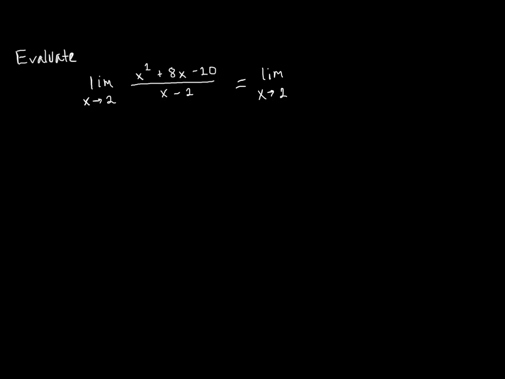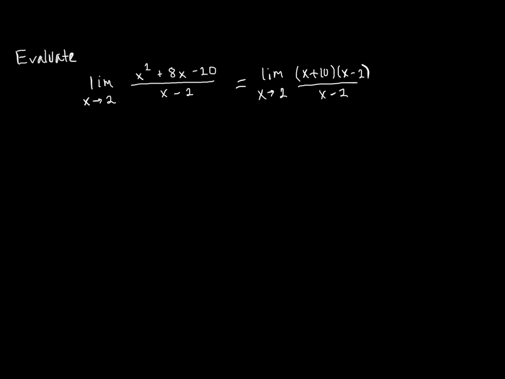And let's factor this, and so the numerator is going to have 2 linear factors. If we think about what will multiply to be negative 20 and add to be 8, we can think about positive 20 and negative 1, no, positive 10 and negative 2, and yes, that works. So we have x plus 10 and x minus 2 divided by x minus 2.